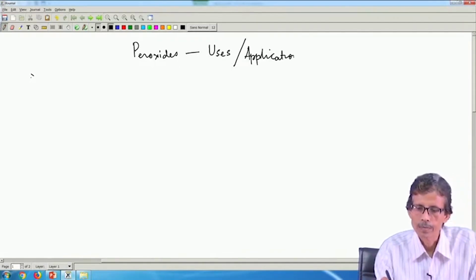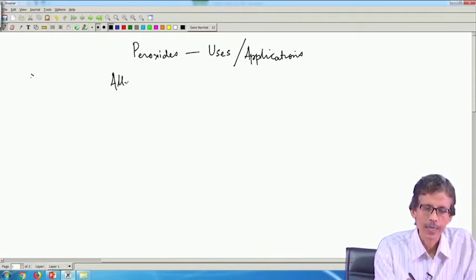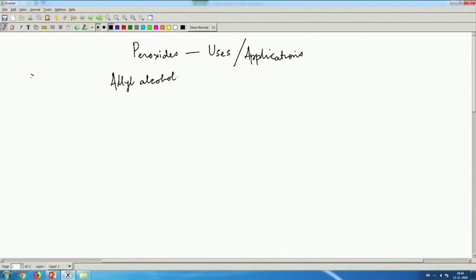If we have any substrate like allyl alcohol, and we go for its oxidation by simple hydrogen peroxide, hydrogen peroxide can oxidize it to the production of glycerin. So, this allyl alcohol can be oxidized by hydrogen peroxide to form glycerin.